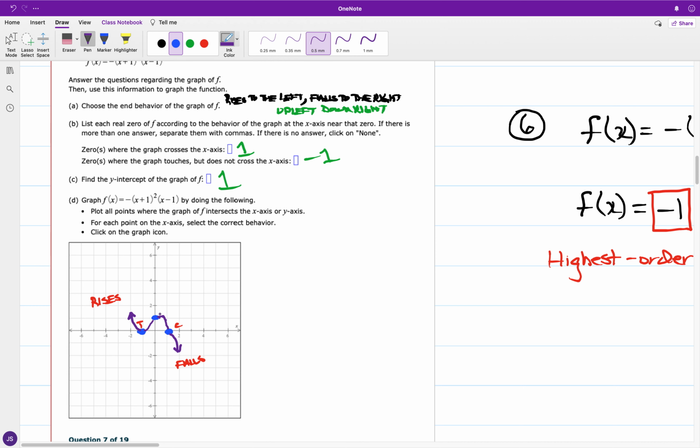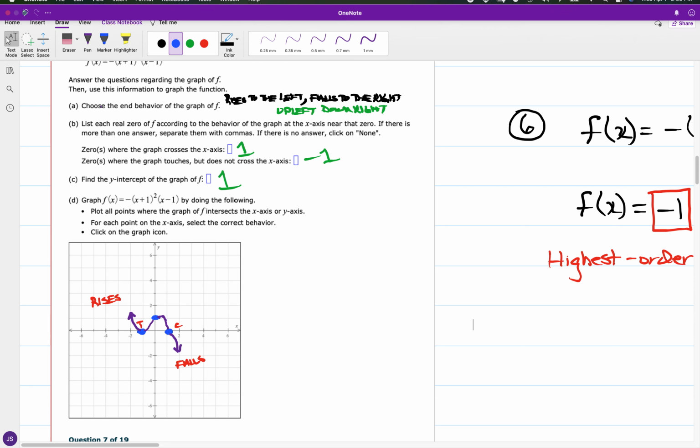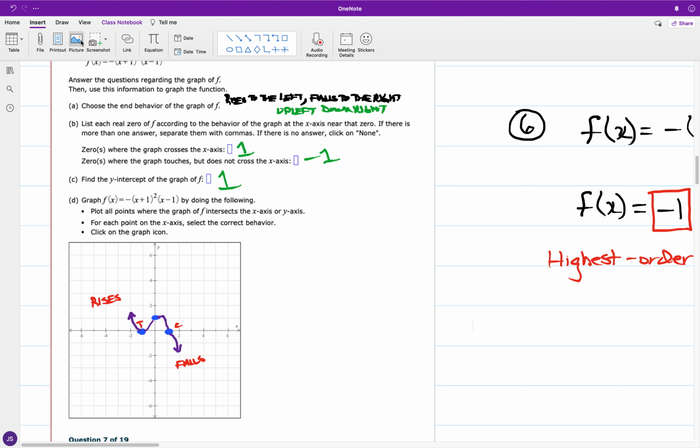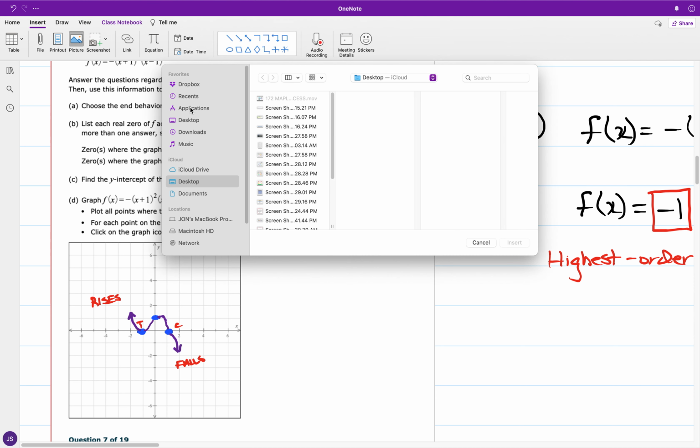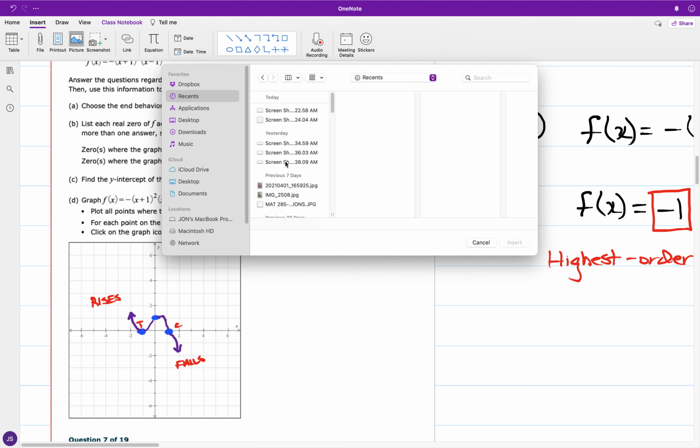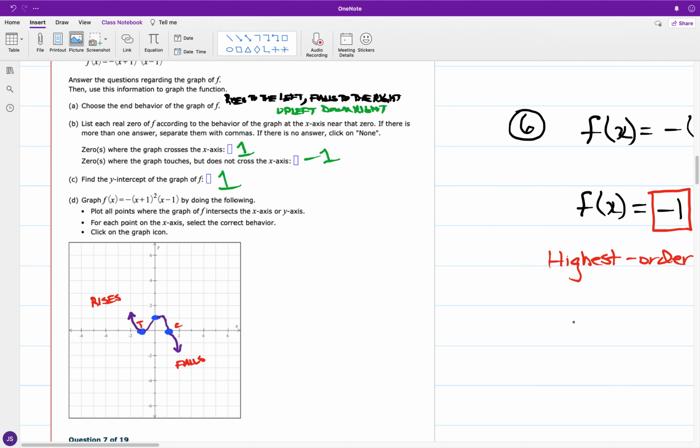Again, I'm sketching, not drawing to scale, but you've got touch, go through the y-intercept, and then at x equals 1 the graph is going to cross. There we go.